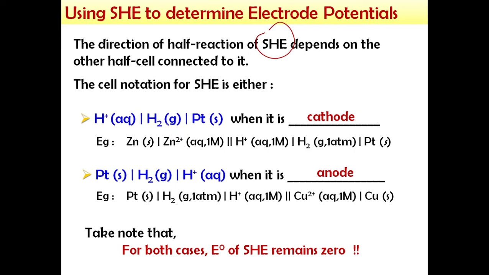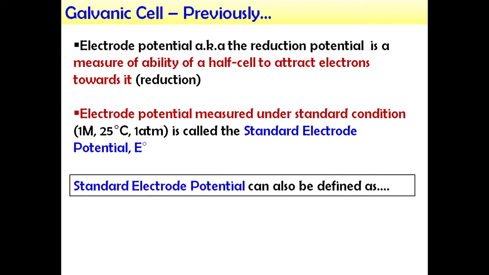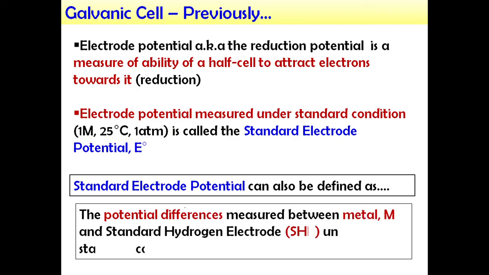Okay. So, this is the definition untuk electrode potential yang kita belajar mula-mula tadi at the beginning of the video. Jadi, kita juga boleh define standard electrode potential atau reduction potential sebagai the potential difference measured between metal M and standard hydrogen electrode under standard condition.